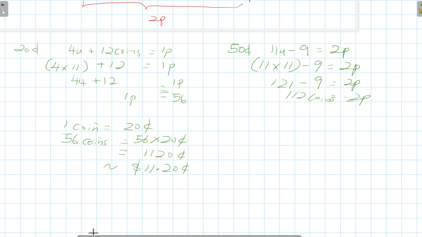As usual, I want to know what the money is. So 1 coin equals 50 cents. Now I have 112 coins. That will be 5,600 cents, which is equivalent to $56.